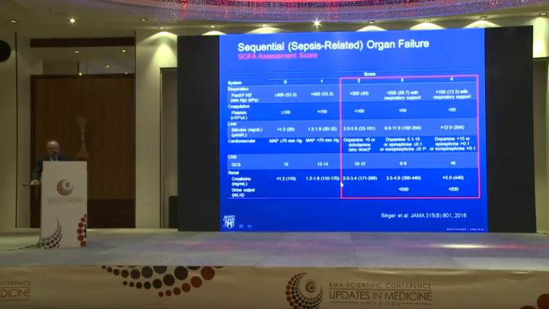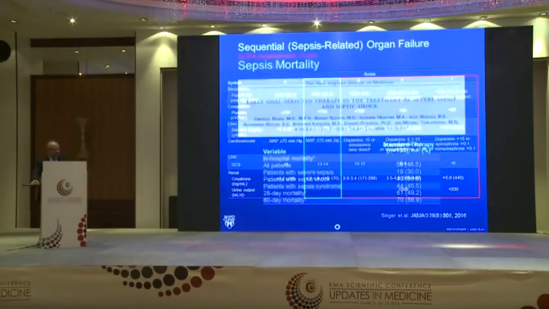However, if you look into the first column, if you have 2 of these criteria, you can have sepsis. So if you have a PF ratio less than 400 but above 300, and platelets between 100 to 150, you still have sepsis based on the new definition.